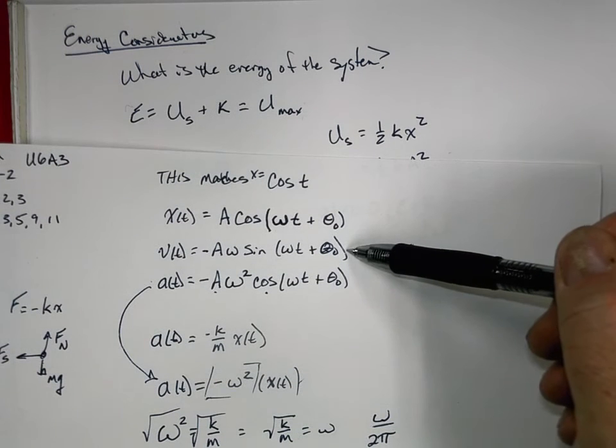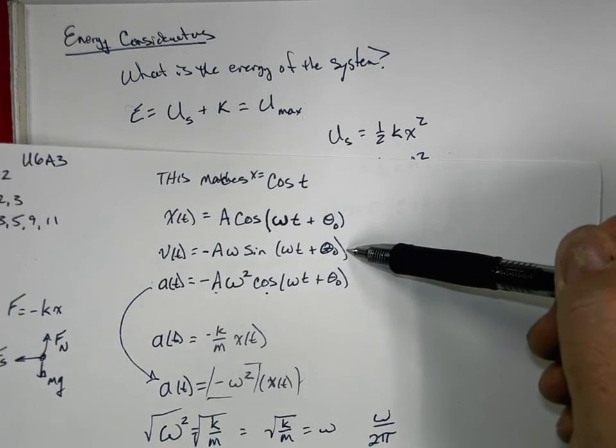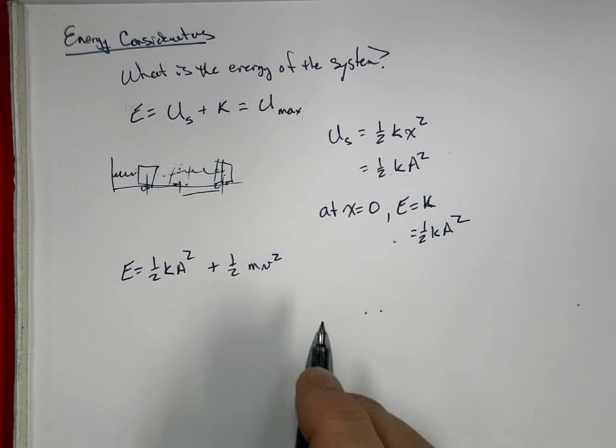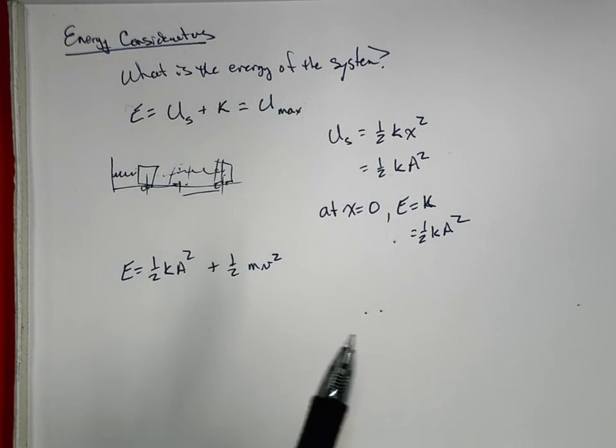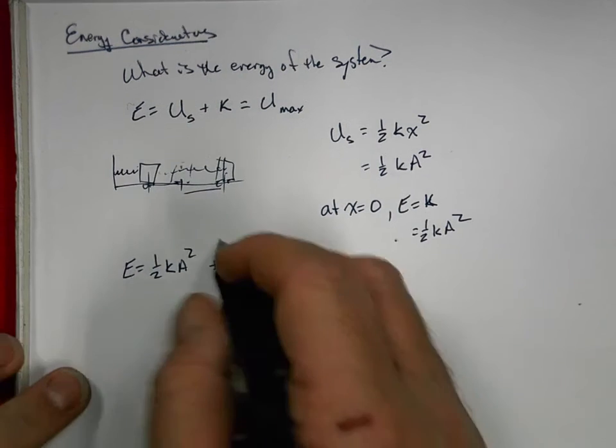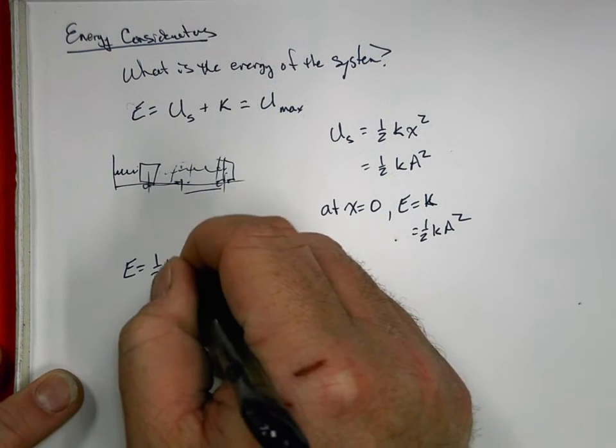Here's the velocity for our oscillator, right? So we've got two things. Hold on. Oh, I'm sorry, I'm going to keep that as an X, not an A. Sorry, guys.